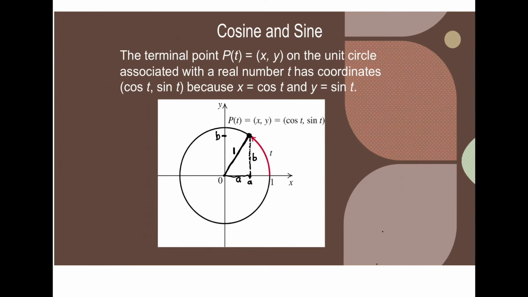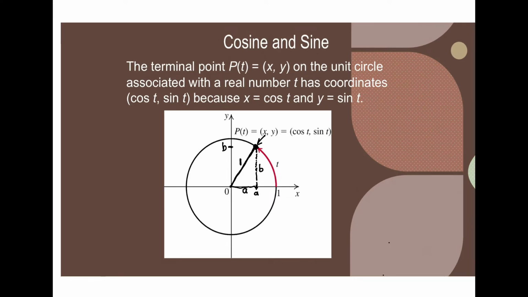This is the distance. If we're looking at this as an x-coordinate, the x-coordinate is the distance to here, and the y-coordinate is the B value, the height of the triangle. So this x, y we can write as A and B.